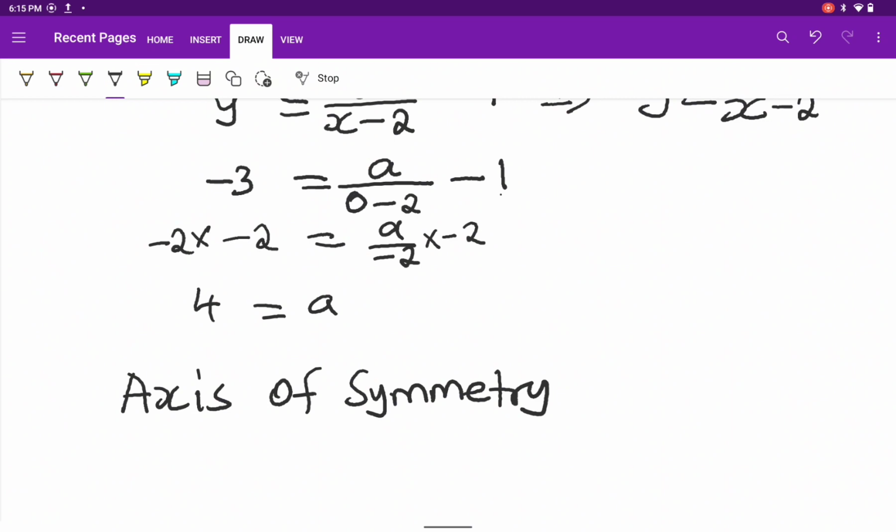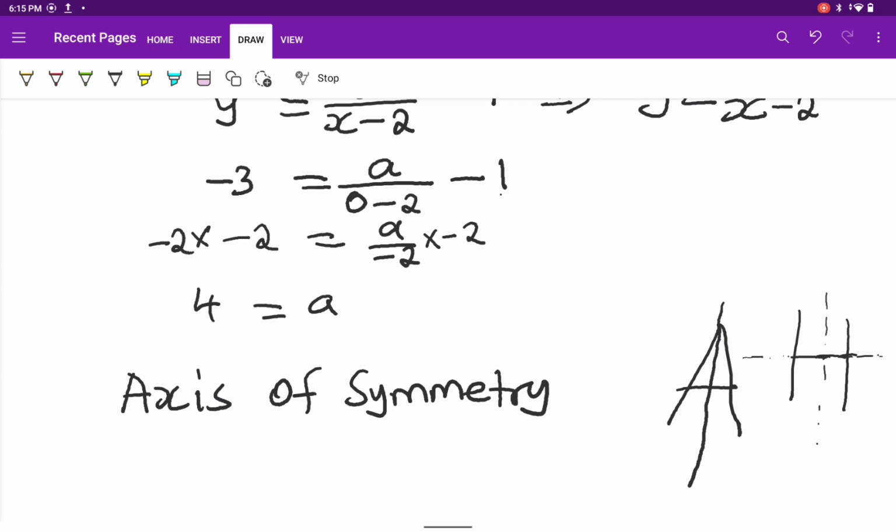So for example, if we want to divide letter A into two equal parts, we will have a line. So see, this is our line of symmetry. Or if we want to divide the letter H into two equal parts, we can either have this line here or we can have a line there. So those are the lines of symmetry.